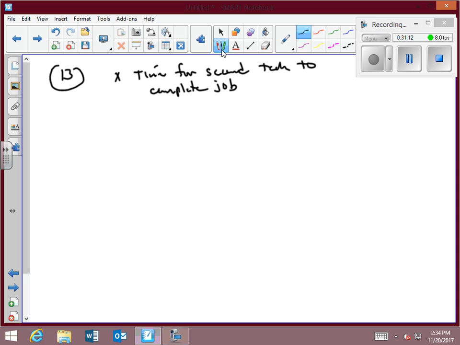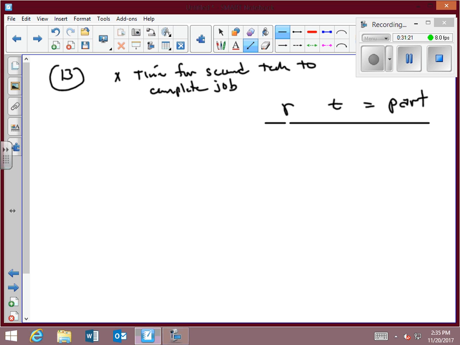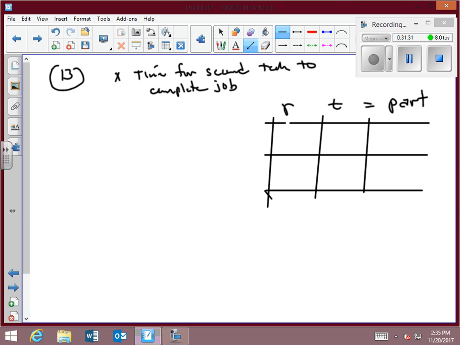So I got my rate, time, part of job formula, and the only thing they do is just first and second technician, right?